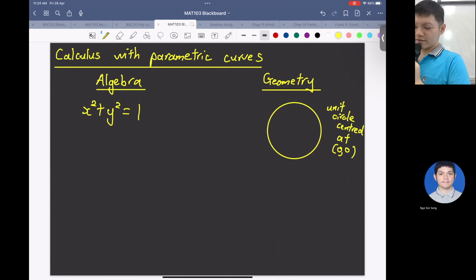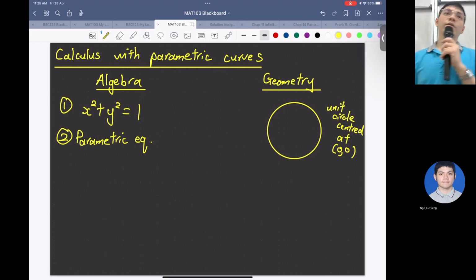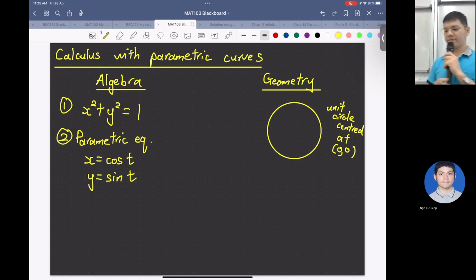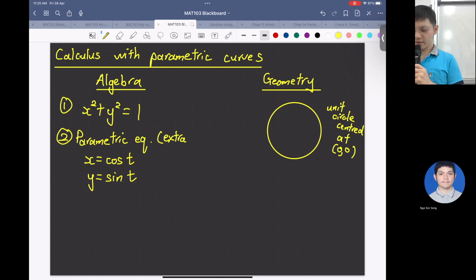So what's the other one? Using the parametric equation: x equals cosine theta, y equals sine theta. So in a parametric equation, we introduce an extra variable t.